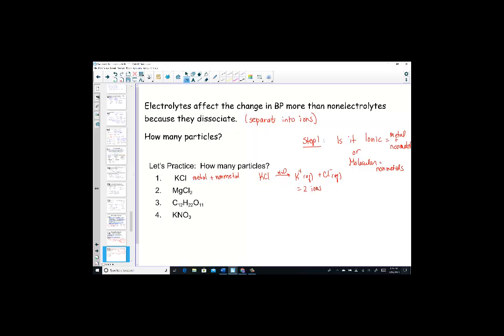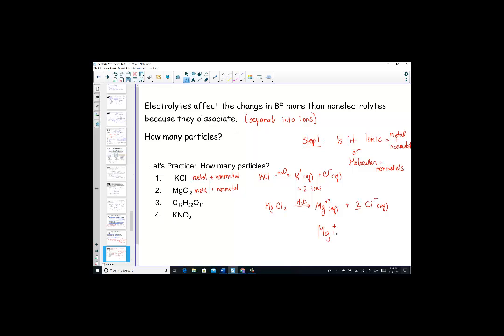Let's try number 2, magnesium chloride. Magnesium is a metal. It lives in group 2A on the periodic table. Chloride is a nonmetal. It resides on the right side of the periodic table. When magnesium chloride dissociates in water, it forms aqueous ions. The magnitude of the charge on magnesium is a +2. That's why I can see it needs 2 chloride ions to balance that electrical charge. Remember the visual?